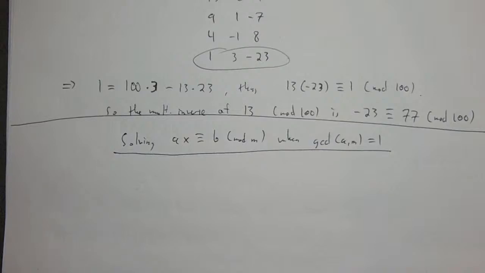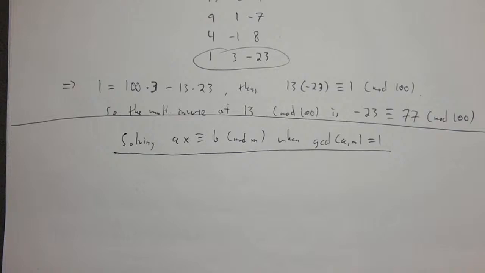So in the process of solving these congruences, let's say that your GCD is not 1. Let's say your GCD is some number bigger than 1. Let's say your GCD is 5, right? The idea is that in the congruence that you're solving, you can divide by 5 to get another congruence.